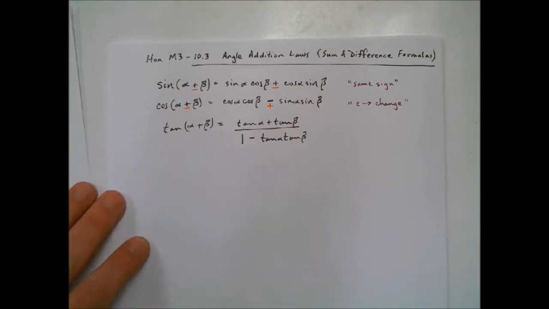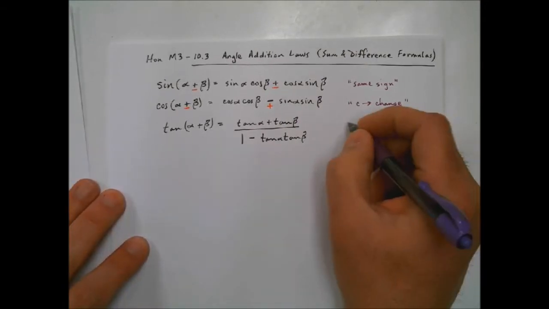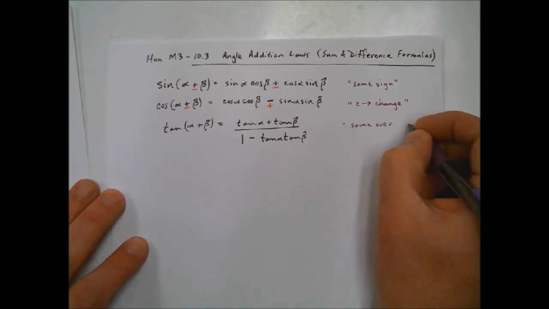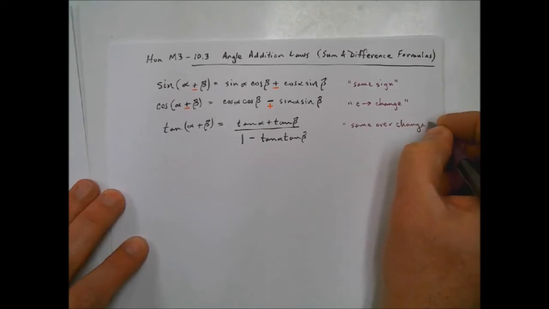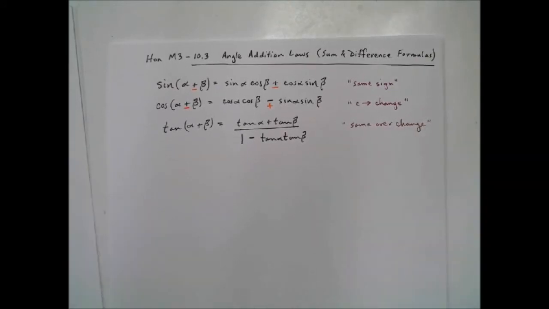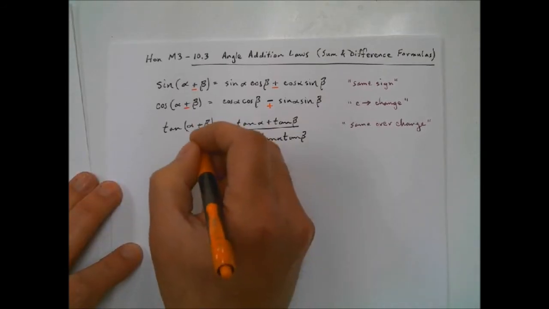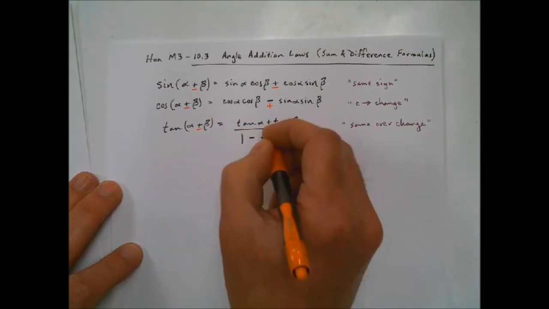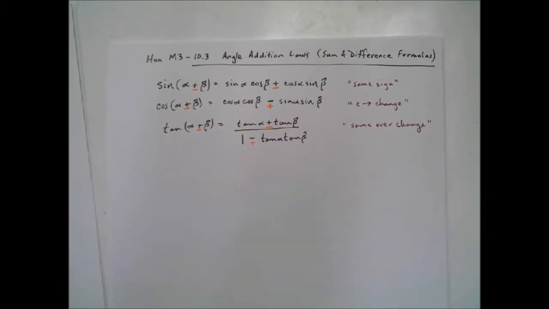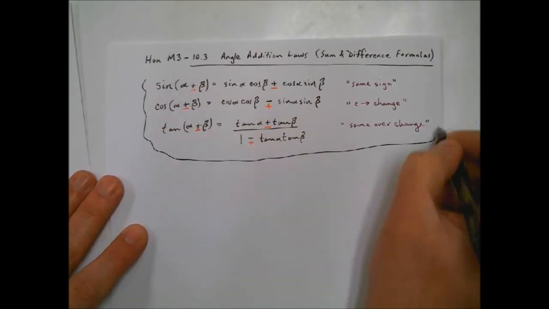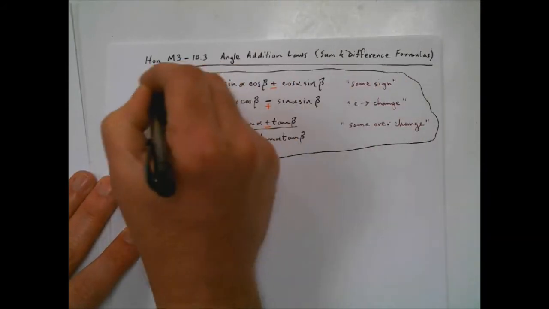So same over change. Now, again, that means if it's tangent of angle subtraction, then it's still same over change. So those are the three angle addition laws for trig functions.